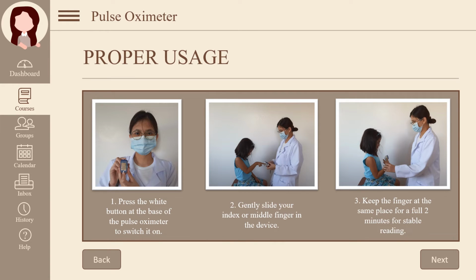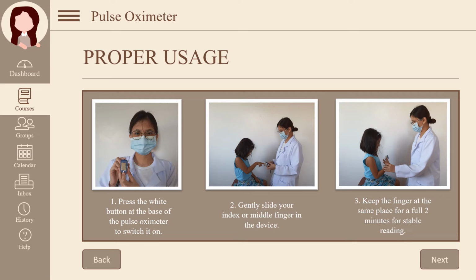Pulse oximeters are a crucial monitoring tool, and using them properly is the key to getting an accurate reading. Here is the step-by-step process on how to properly use a pulse oximeter. First, press the white button at the base of the pulse oximeter to switch it on.